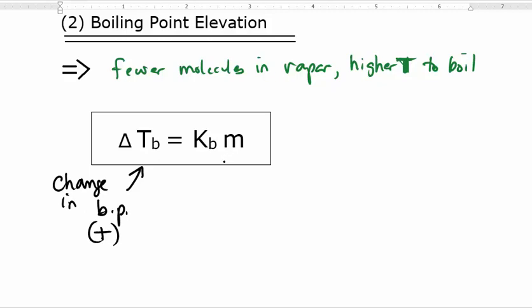And it's equal to a constant, K sub B, which is the boiling point elevation constant. Does it depend on solute? I hope you're screaming no, because this is a colligative property. It doesn't depend on the solute. It depends on the solvent.